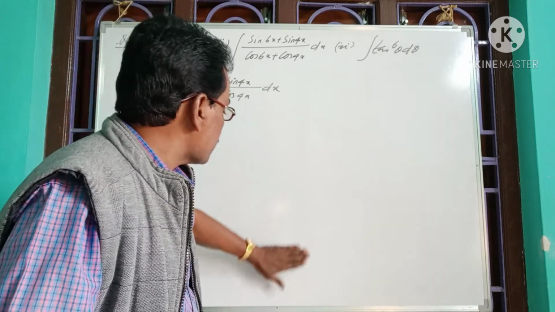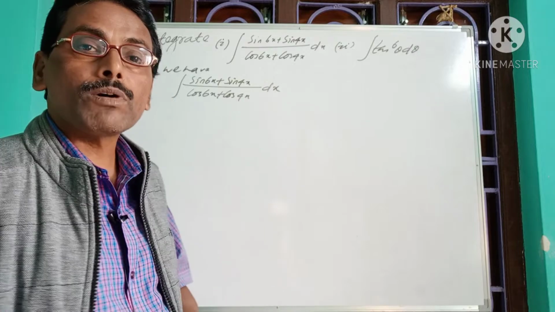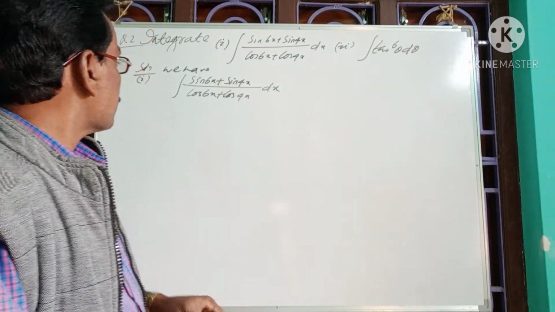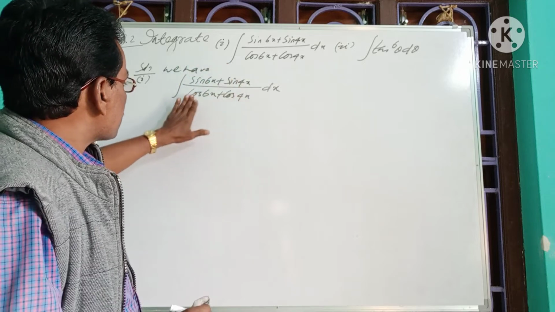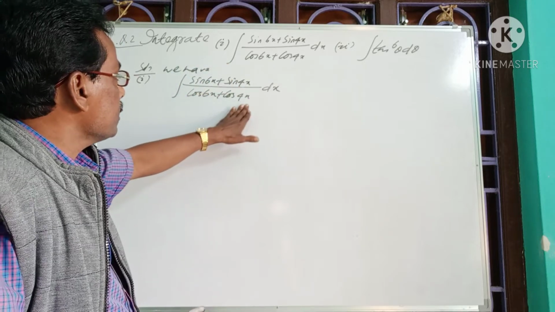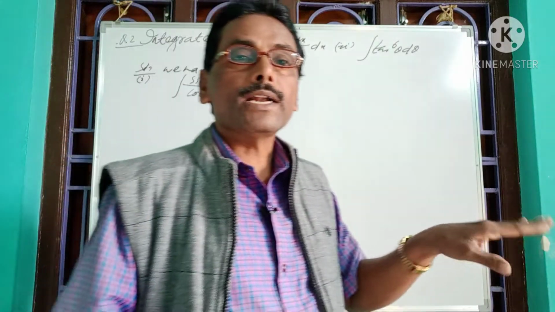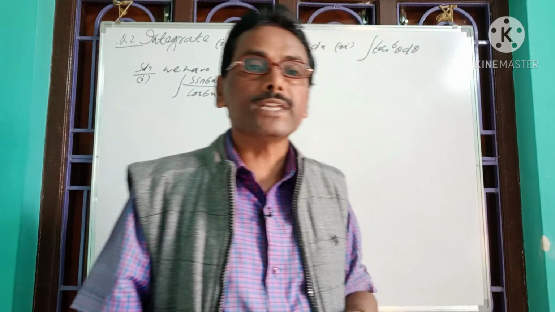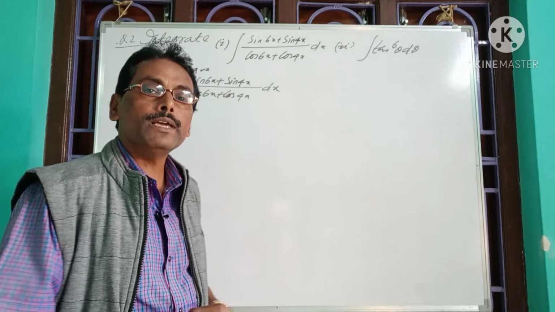So before integration we have to transform this function into a standard form. The numerator is in the form sin c plus sin d, and the denominator is cos c plus cos d. If we transform them, the integrand may become a standard form so that the integration is easier for us.